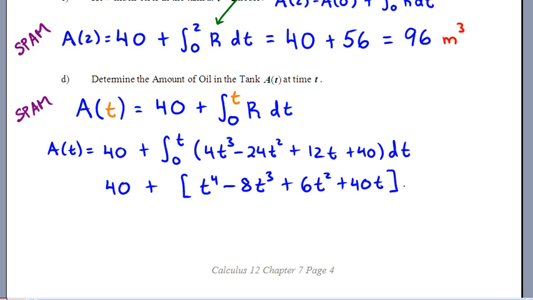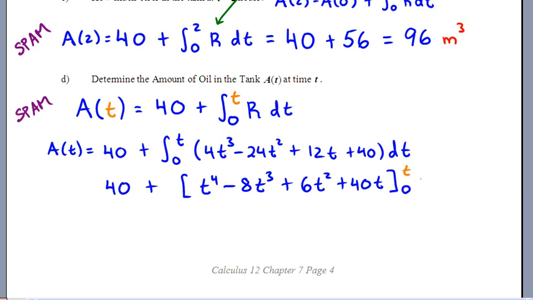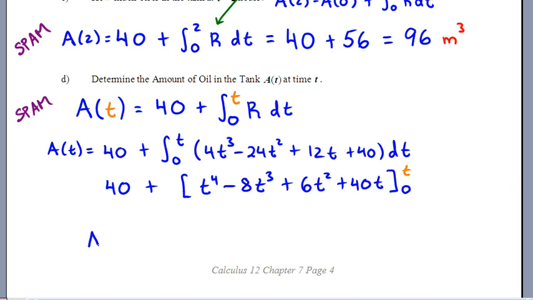And I'm going to evaluate that at 0 and t, and I always go final minus initial, so I'll put the t in for t, which will just look exactly the same, and then I'm going to put 0 in, which will be nothing. Okay, I think I can see this now. The amount at any time t that you want to check would be 40, the original, plus, now again, when I put t into this, it'll just look the same, and when I put 0 in, I get nothing.